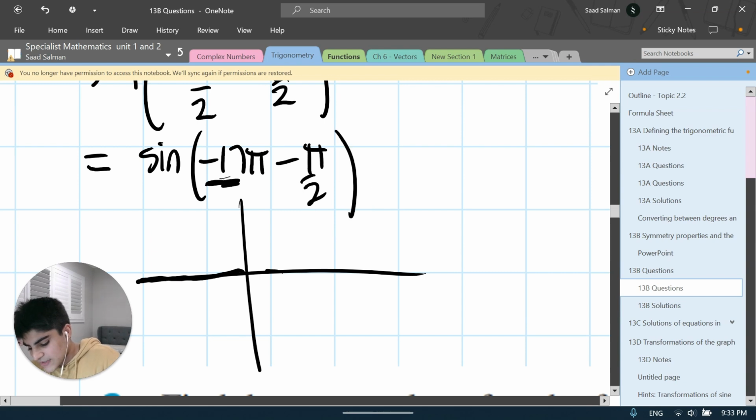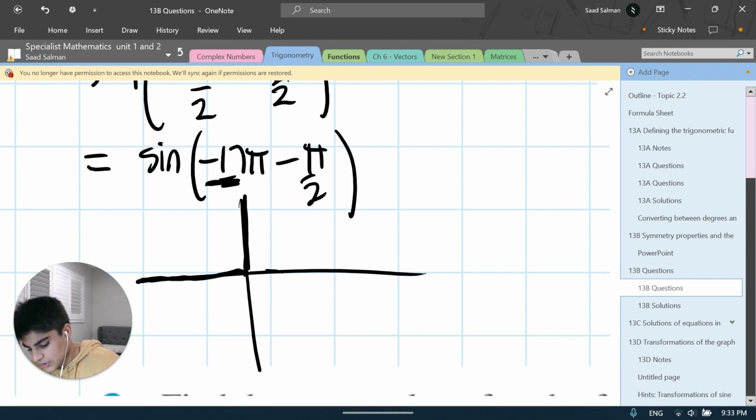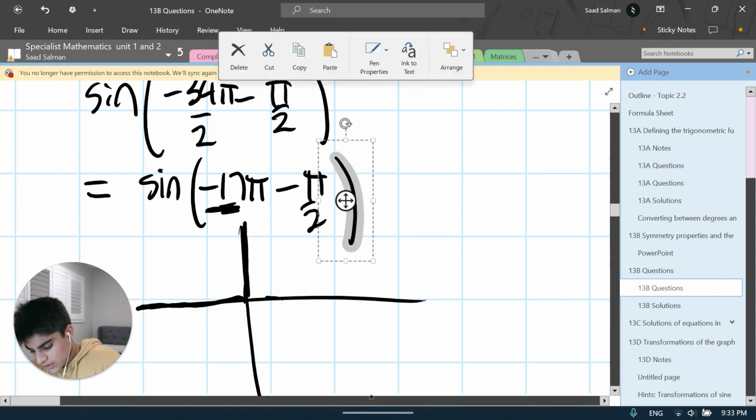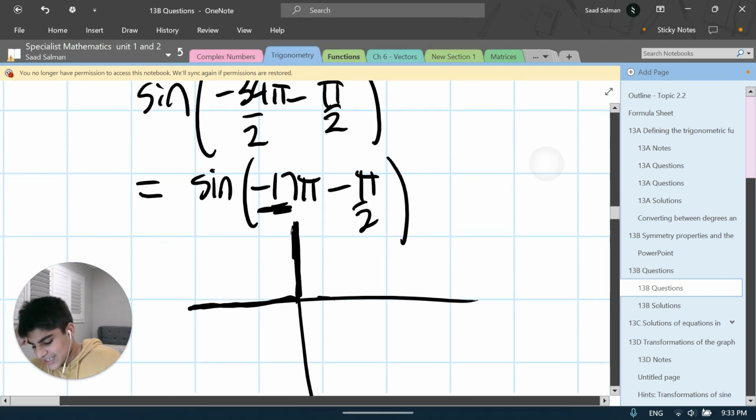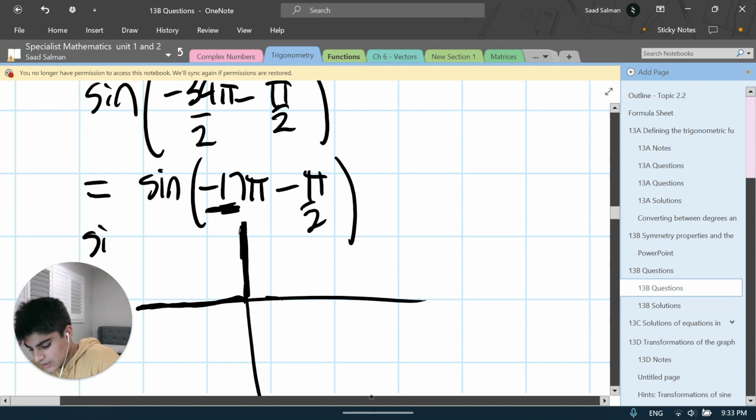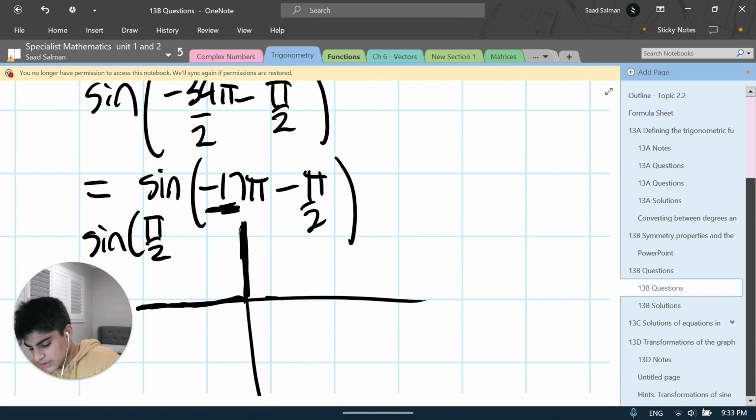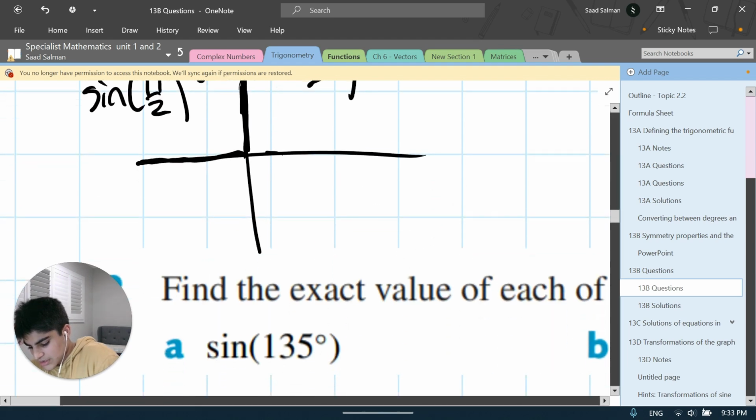But if it's an even number, it's always going to end up back at the origin. So negative 17 pi minus pi on 2 is this value. At this point, the exact value of this is sine pi on 2 because we are in the second quadrant. In the second quadrant, sine is positive, so sine pi on 2 equals 1.